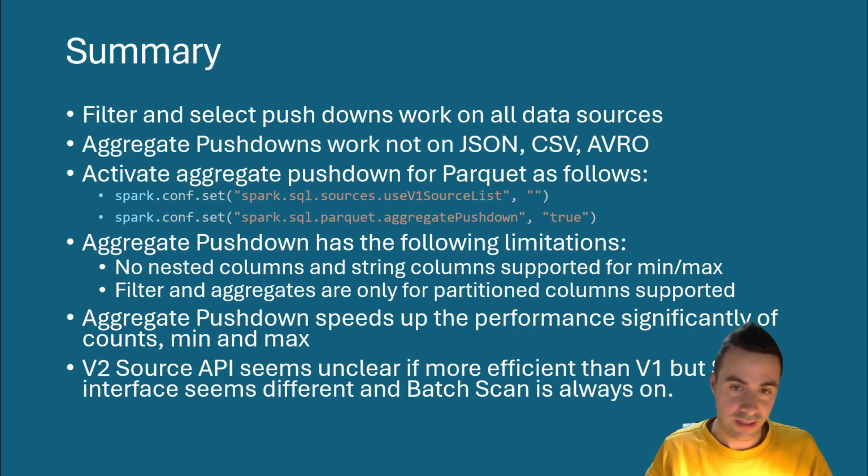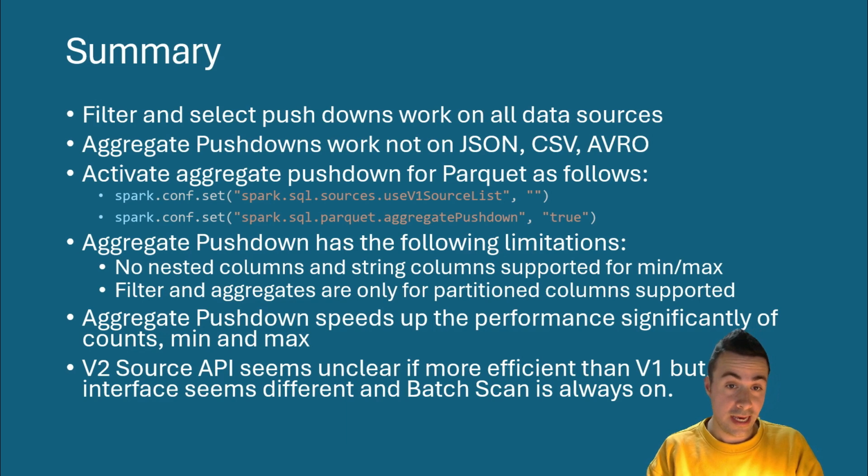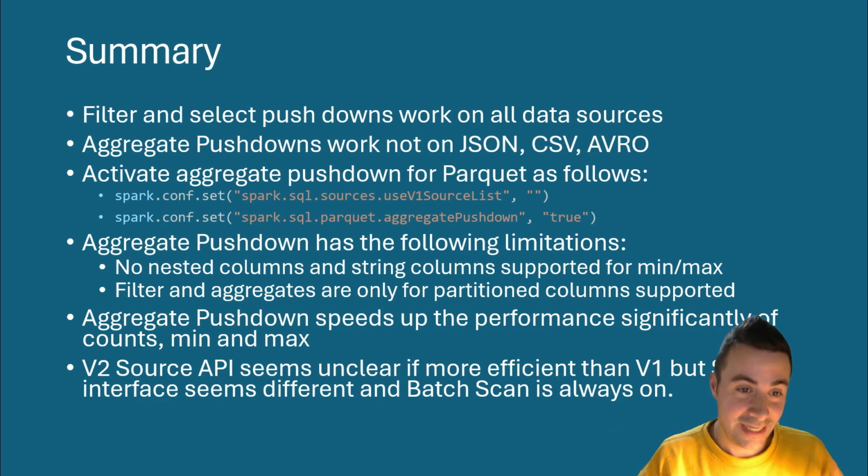Those files also don't have any statistics which you could use there, so they might have to figure out some other concept if they want to do it. Then, activate aggregate pushdown for Parquet with those two configurations. It seems like it's still in development, or I assume they want to extend it or add new features. That's why they turn it off, but there are also, let's call them, secret configurations where you can start using it.